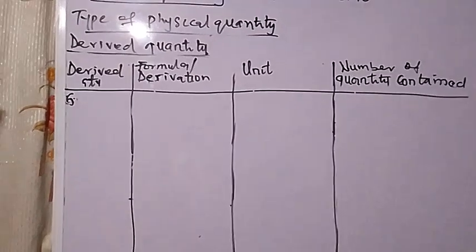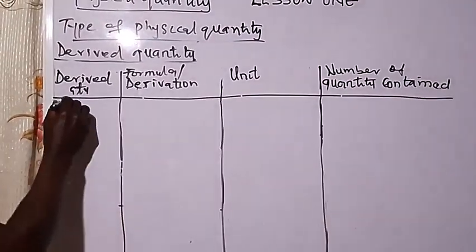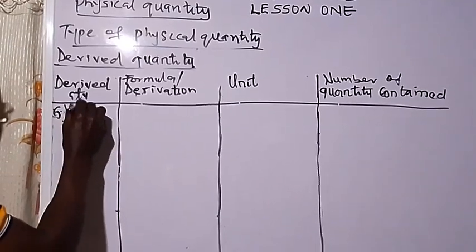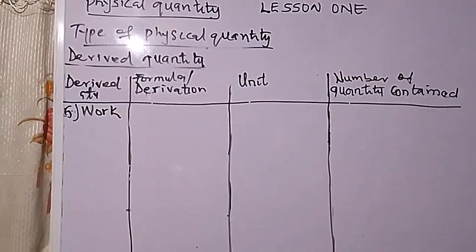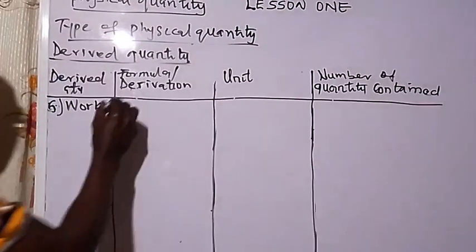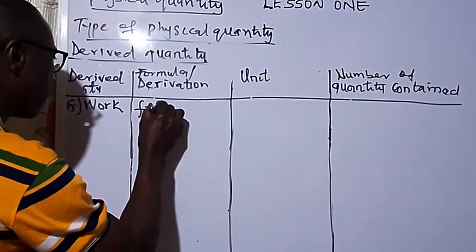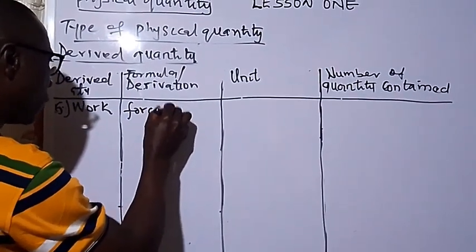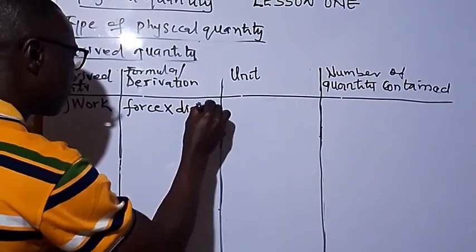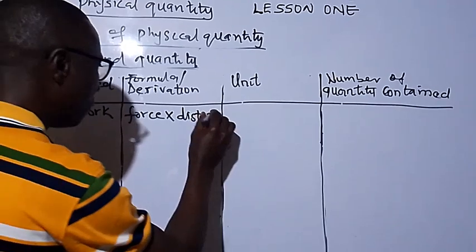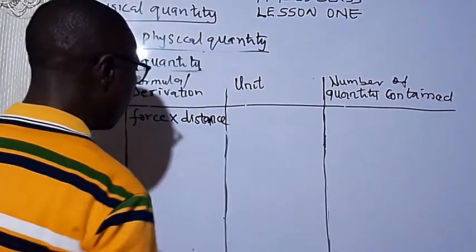Take one more example, and the next example is work. The formula for work is force multiplied by distance. Force multiplied by distance.